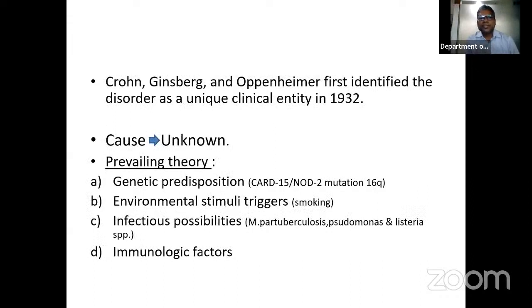Crohn, Ginzburg, and Oppenheimer first identified the disorder as a unique clinical entity in 1932.